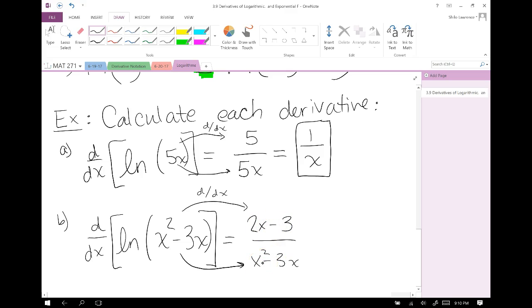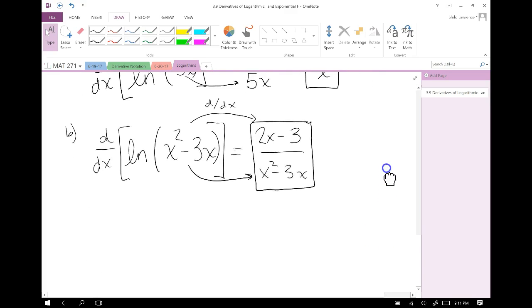If it's going to simplify, you're going to have to factor and cancel a common factor, but 2x minus 3 does not factor. 2x and 3 do not have any common factor, so there's not going to be anything you can do there. So that's our derivative, 2x minus 3 over x squared minus 3x.